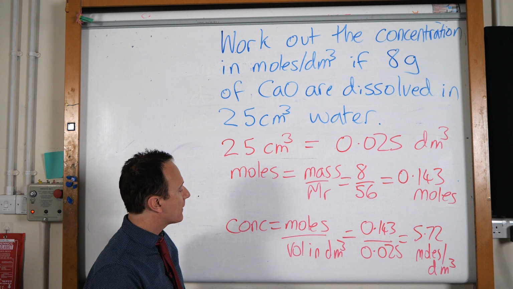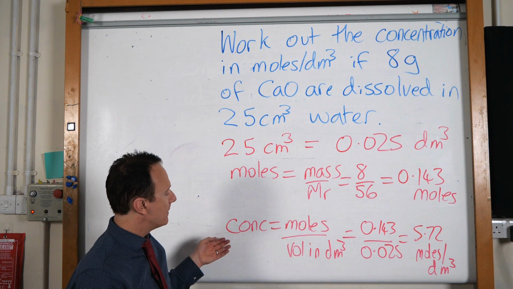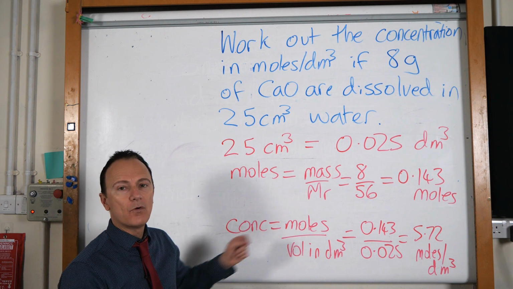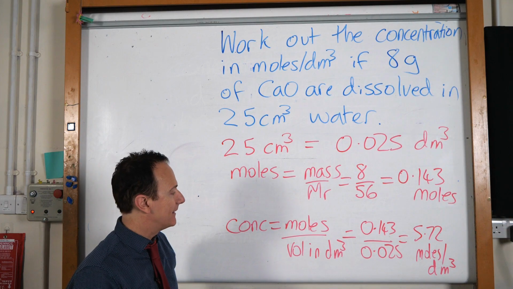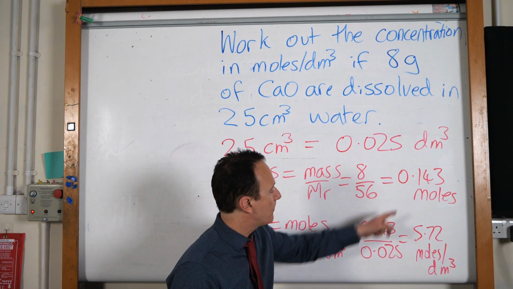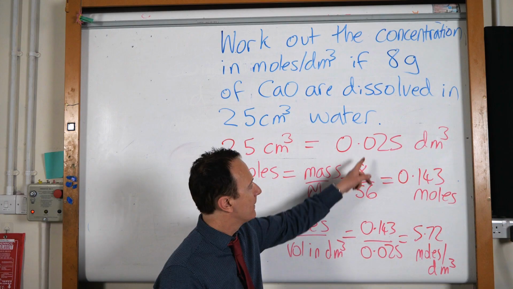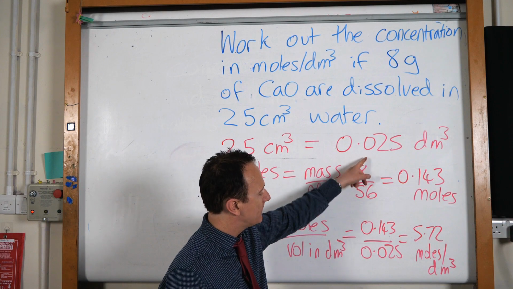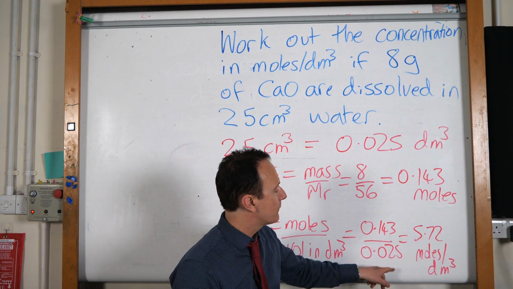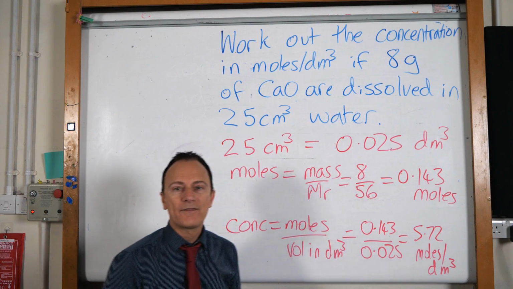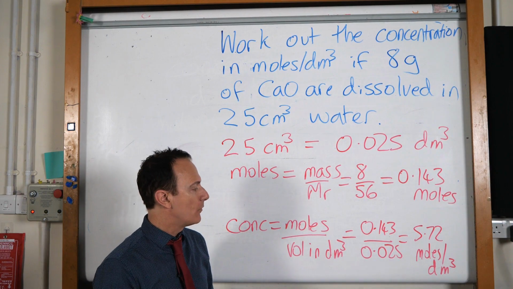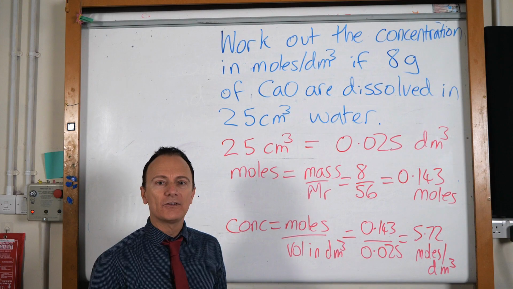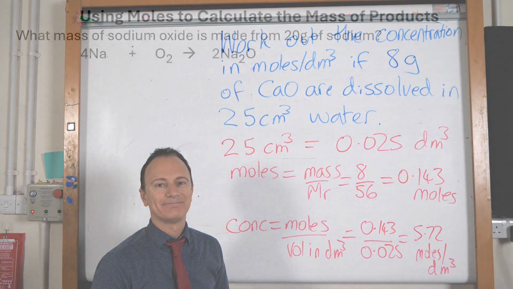We put that into the concentration equation. Concentration is moles divided by volume in dm cubed. So we've got 0.143 moles. The volume now in dm cubed is 0.025, and that comes to 5.72 moles per dm cubed. So well done if you got that one correct.